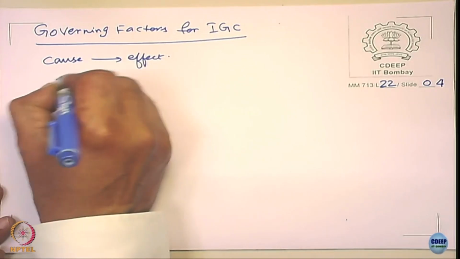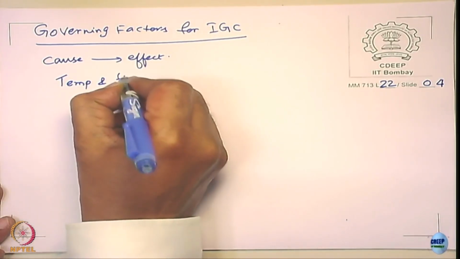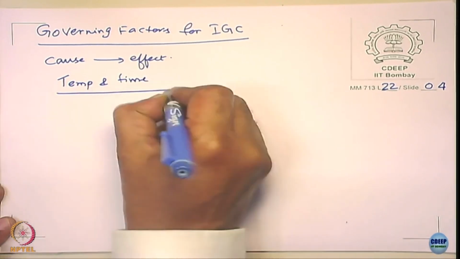So now can we quantify, can we understand the intergranular corrosion in more details, okay. As I told you, it is the temperature and the time, both are important.